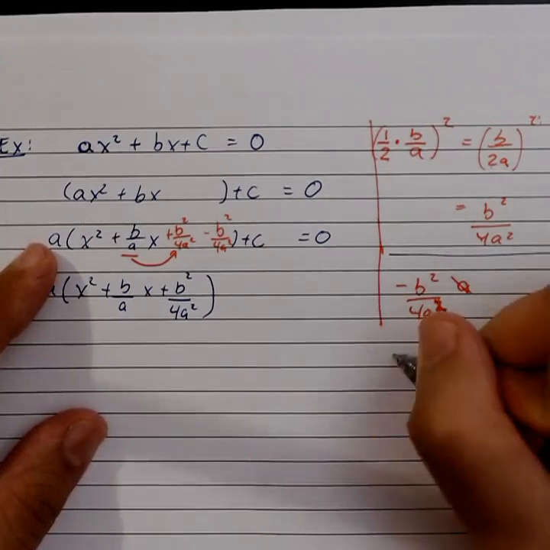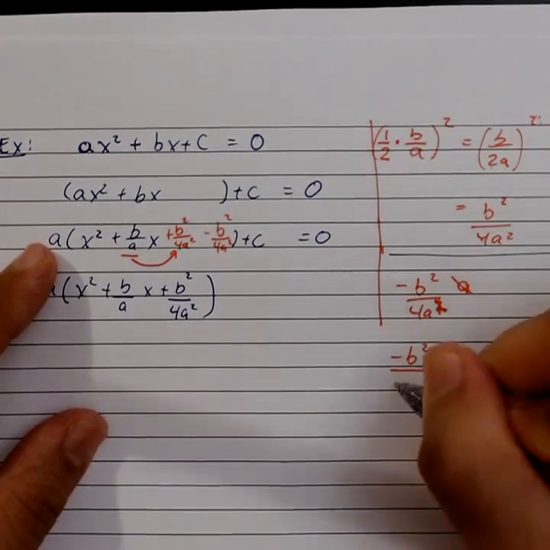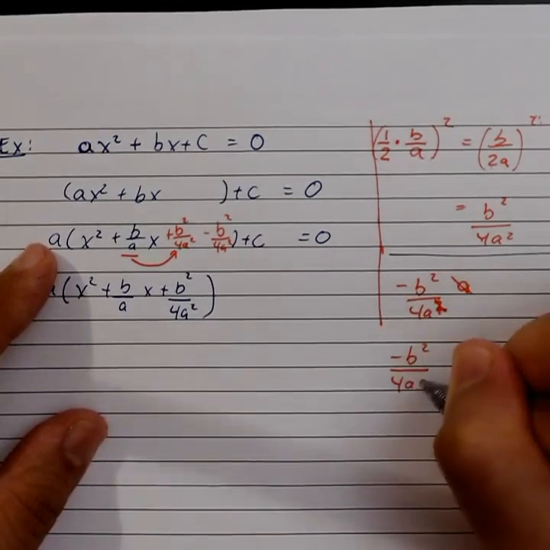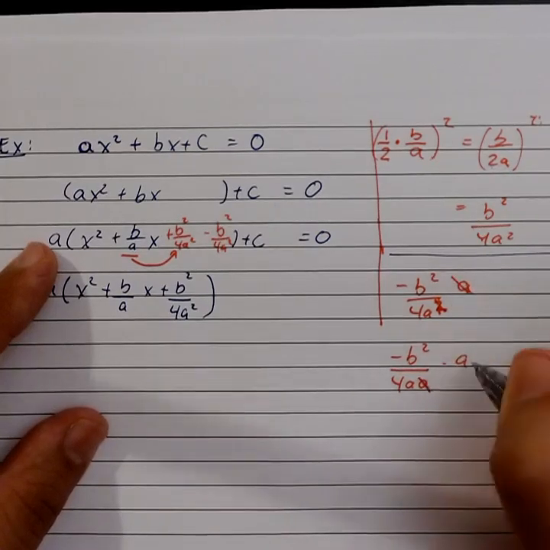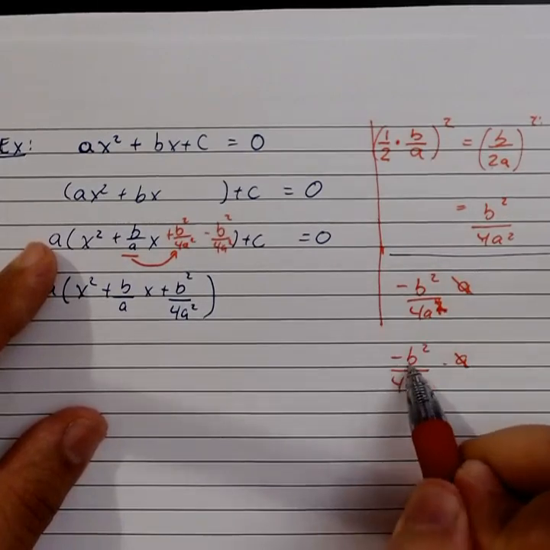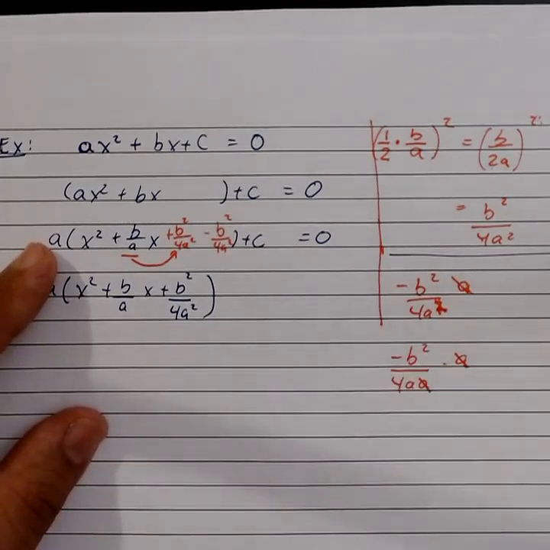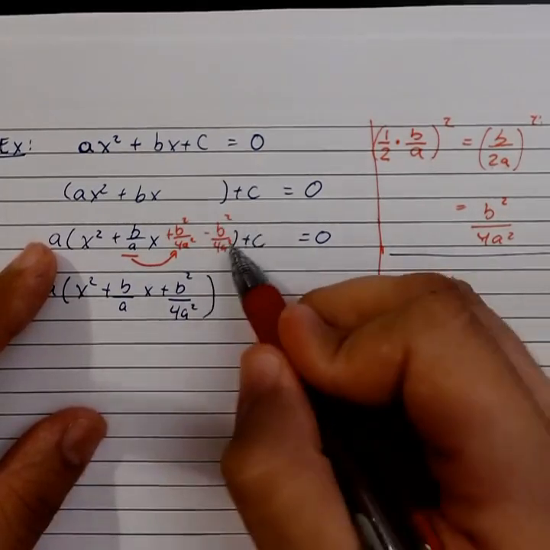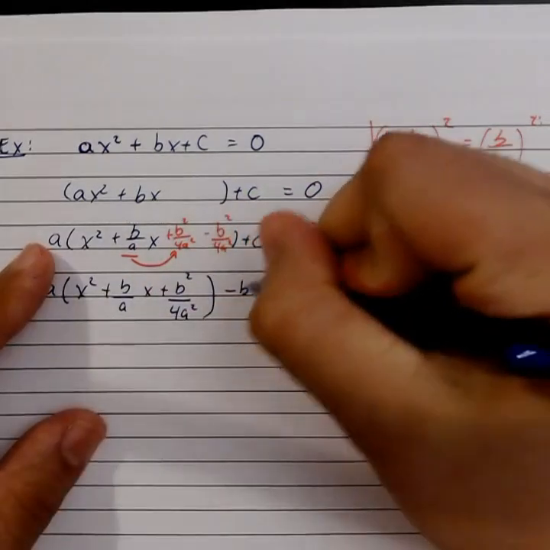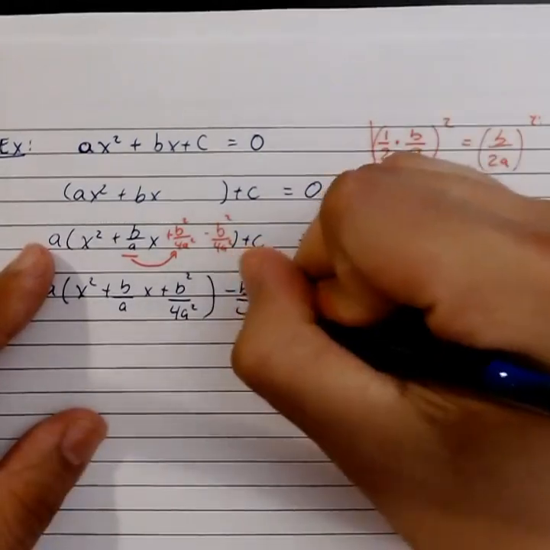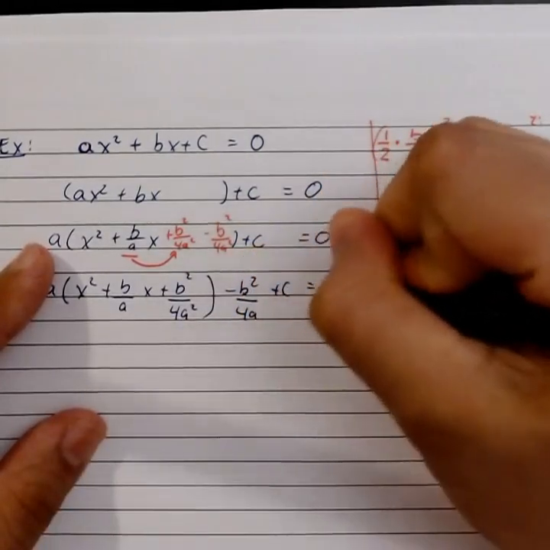If I multiply by that a, one of these divides one of those, and I just get negative b squared over 4a. So when this comes out, it basically just loses its square. So that's going to be minus b squared over 4a plus c is equal to 0.